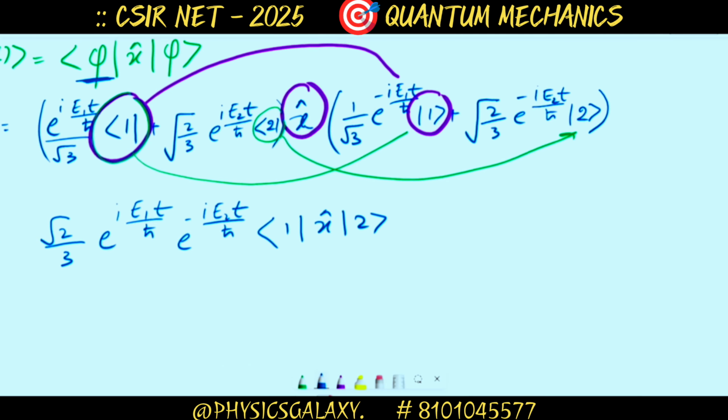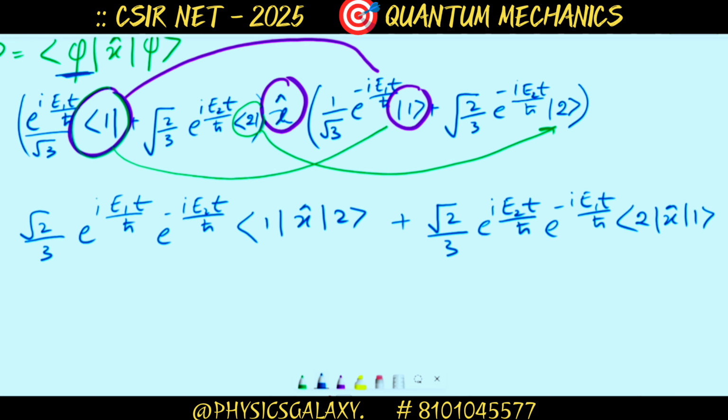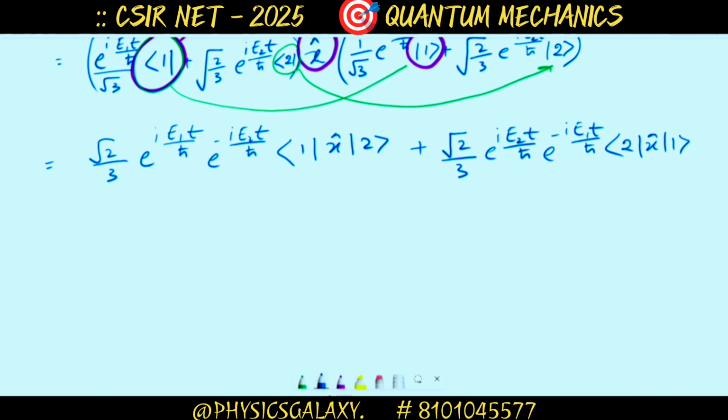Then we'll have one more term, that is root 2 by 3 e to power iota E2 t by h cut, e to power minus iota E1 t by h cut, and then <2| x operator acting on |1>. So these are the only two terms remaining.